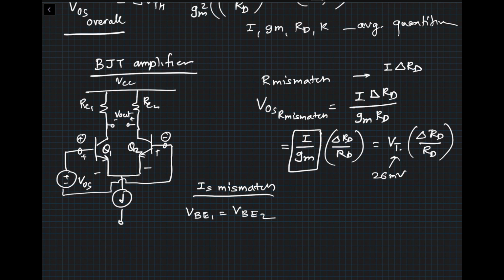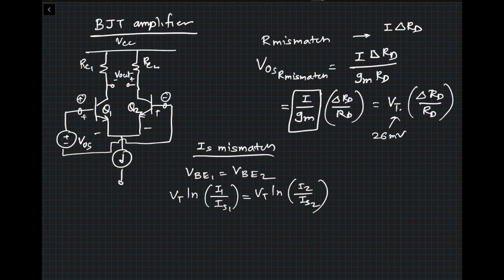So this gives us, using the bipolar equation, VT ln of I1 divided by IS1 is equal to VT ln of I2 divided by IS2. If you compare these two equations, this would give you I1 divided by IS1 is equal to I2 divided by IS2. So this will give you I1 divided by I2 is equal to IS1 divided by IS2.